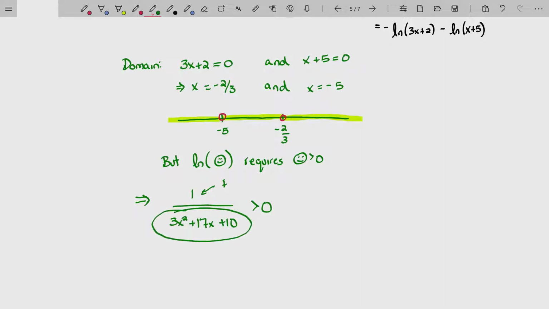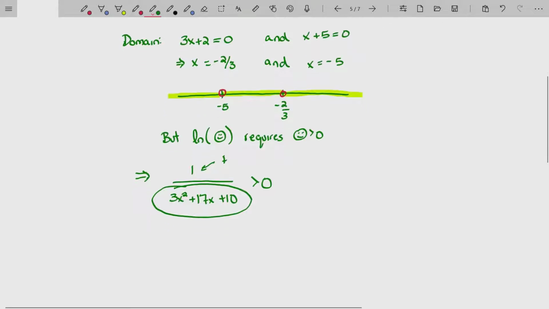That should make sense to you, that positive over positive is positive. So this would imply that we require 3x squared plus 17x plus 10 to be, oops, not greater than 10, but positive. There we go. Easy fix. Just get rid of the 1. So we require that to be positive.